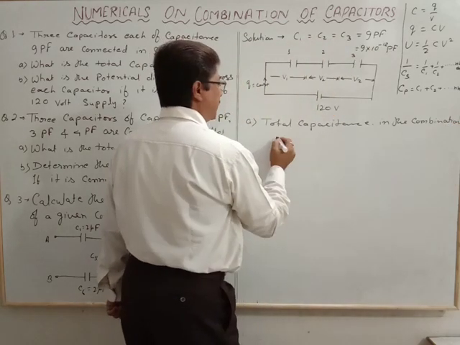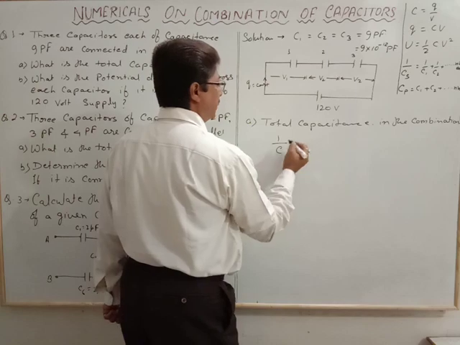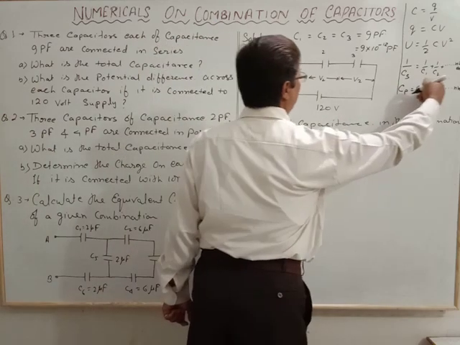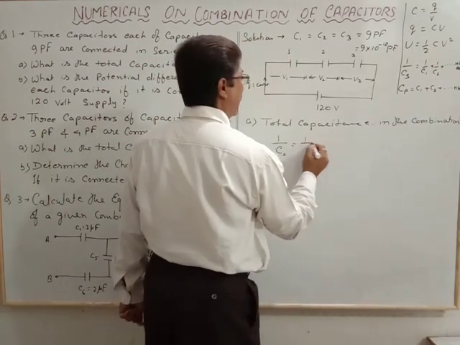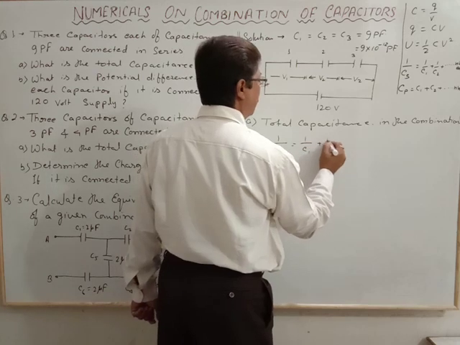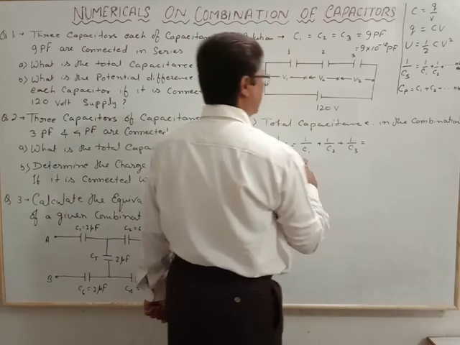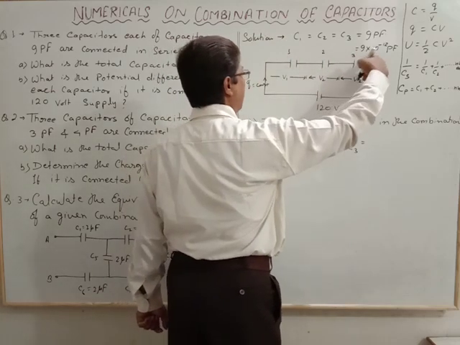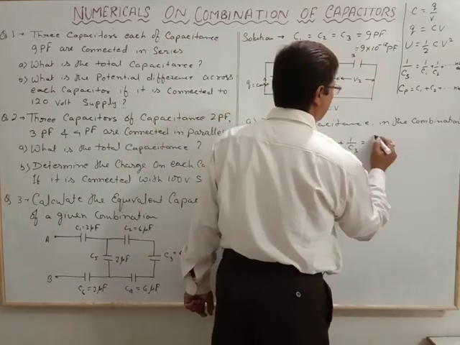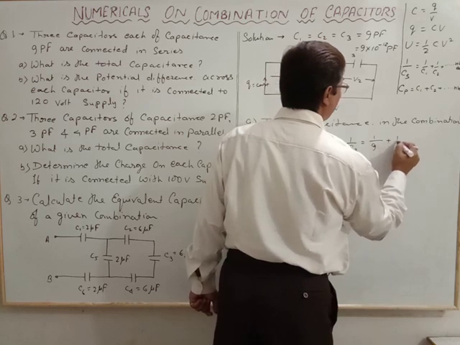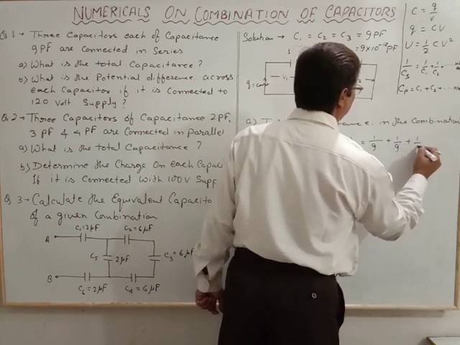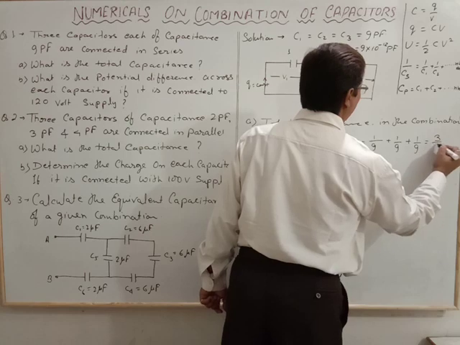Now it is the series combination, so CS is equal to, we have a general formula for this, 1 by C1 plus 1 by C2 plus 1 by C3, and C1 also has the same value as C2 and C3, so 1 by 9 plus 1 by 9 plus 1 by 9, and that is equal to 3 by 9.